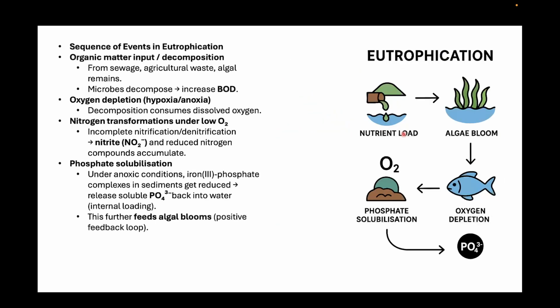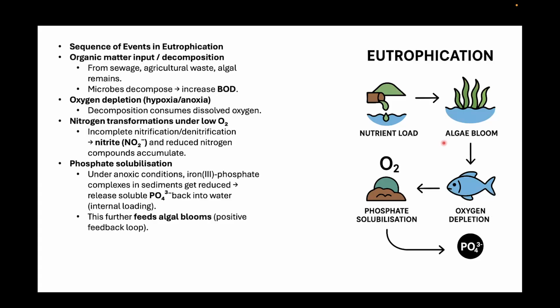This is the sequence that I will reiterate again. Coming nutrient load in the water, there is bloom of algae and cyanobacteria, which blocks sunlight, and then algae starts dying and decomposing. This decomposition is brought out by consumption of oxygen.